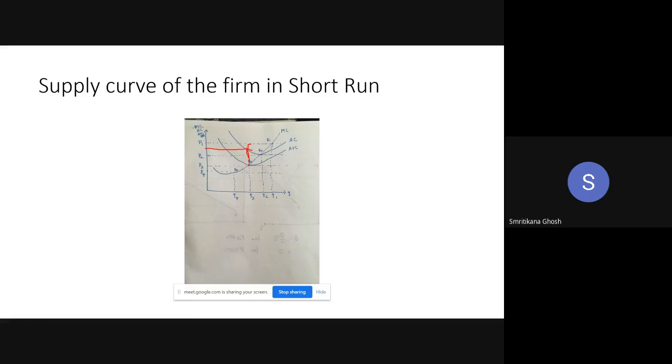Now look, if the price is a bit more than P3, like here, between P2 and P3, anywhere like here, then again it's a loss. If the price is less than P2, it's a loss, because your average revenue will be less than average cost.